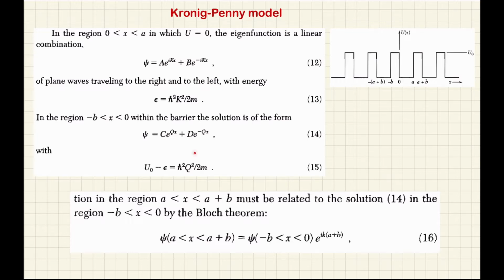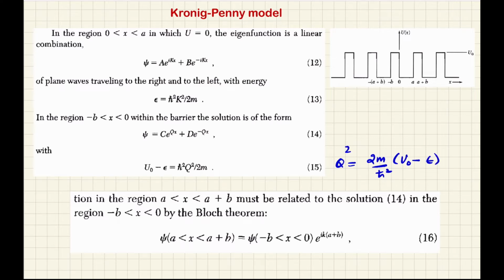So the wave number in this region is slightly different, which is given by q. This is a familiar form: q square is equal to 2m by h cross square into (U0 minus epsilon). You must know this familiar form.